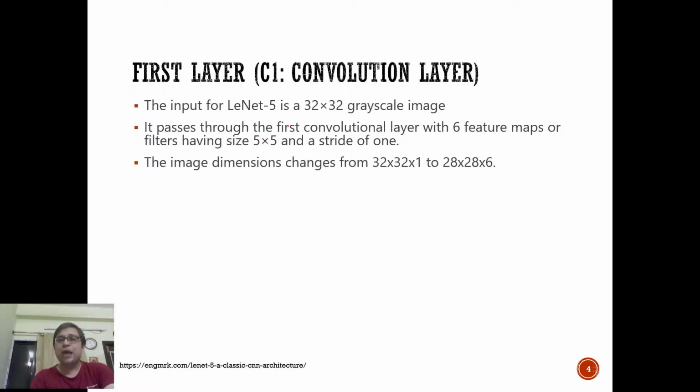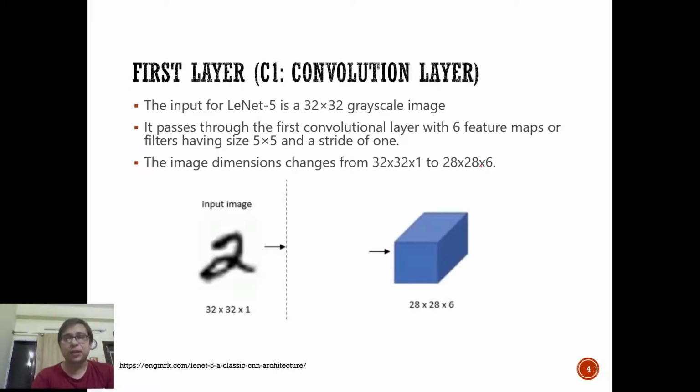As it is 32 minus 5 plus 1, that's how you calculate the target size. From 32 into 32 into 1, for one filter you get 28 into 28 into 1. For 6 filters you get 28 into 28 into 6. So this is your input image 32 into 32 into 1, and this is what you are getting, a 28 into 28 into 6 feature map.